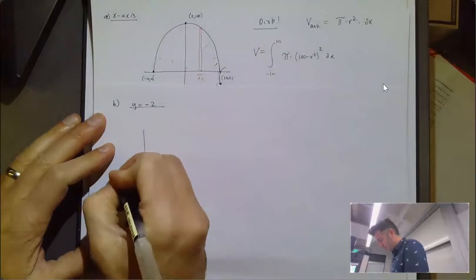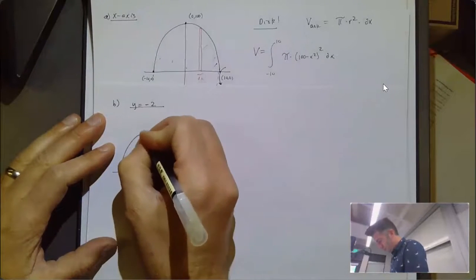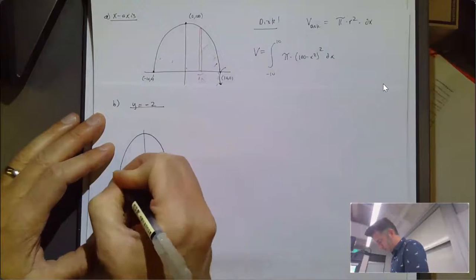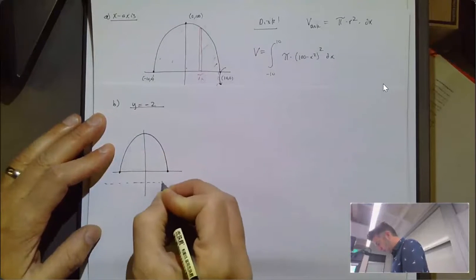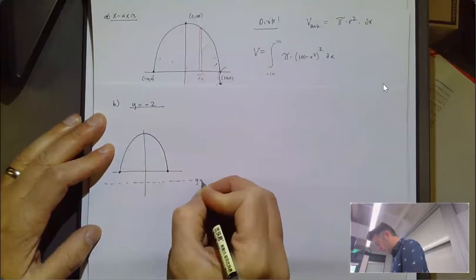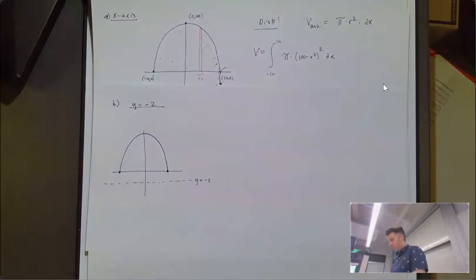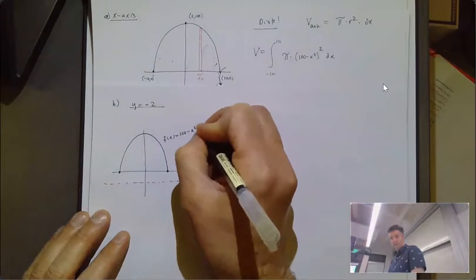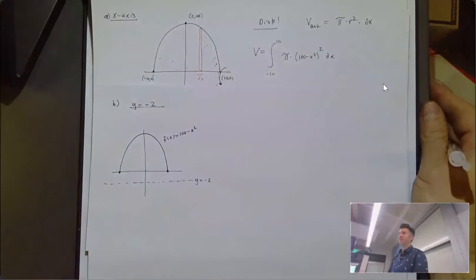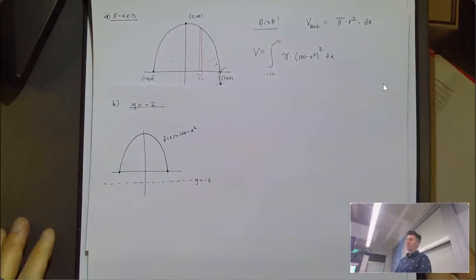So again, here's our region, but now here's my axis of rotation. So now let me ask you, am I going to use the disk or the washer method?